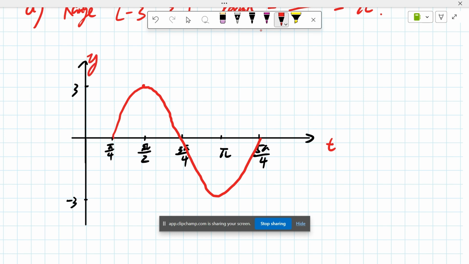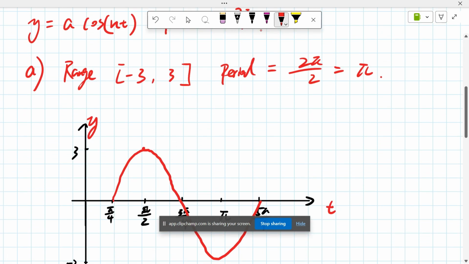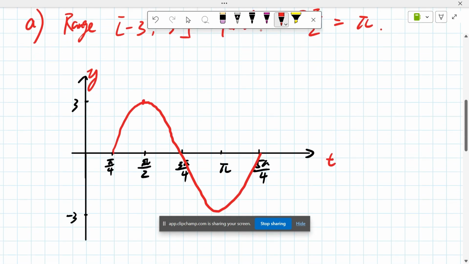Let me double check with pi on 2. Yeah, it's going to be 3. Good, and there's nothing much to it. You can substitute these numbers and you will find your answer.